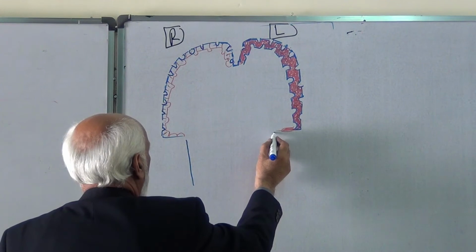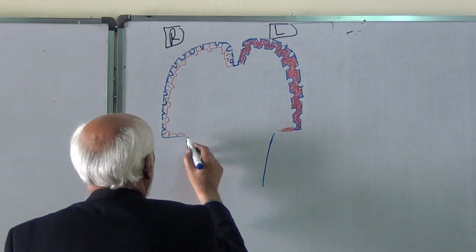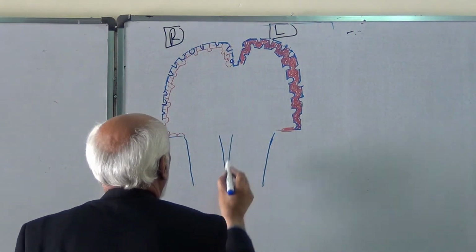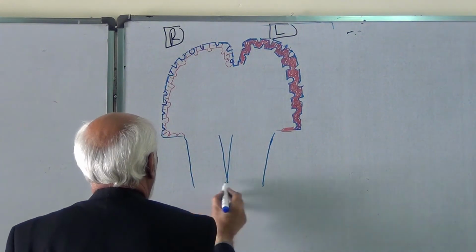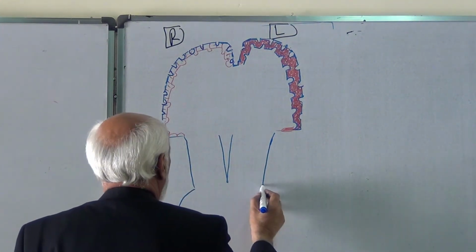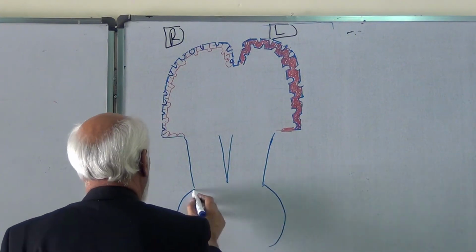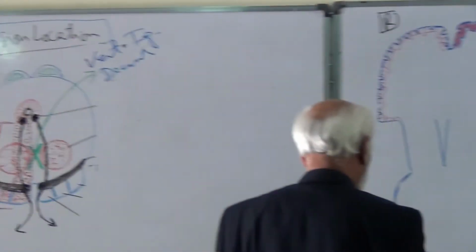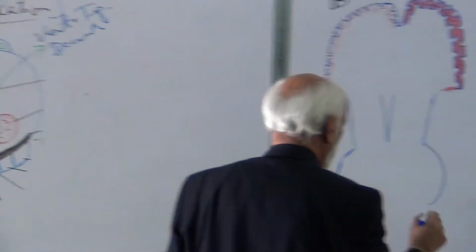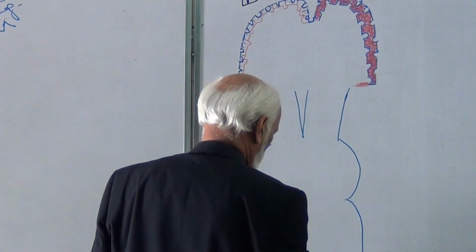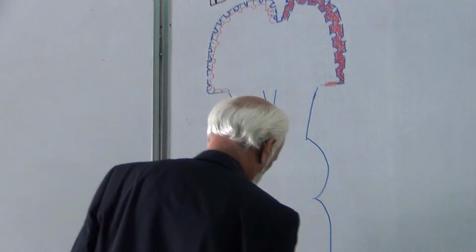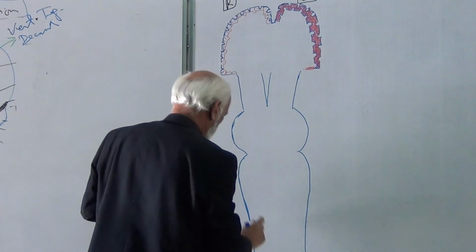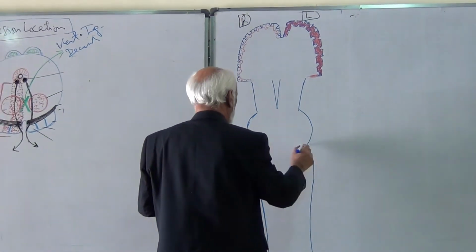Midbrain, pons, medulla oblongata, which is continued as spinal cord.